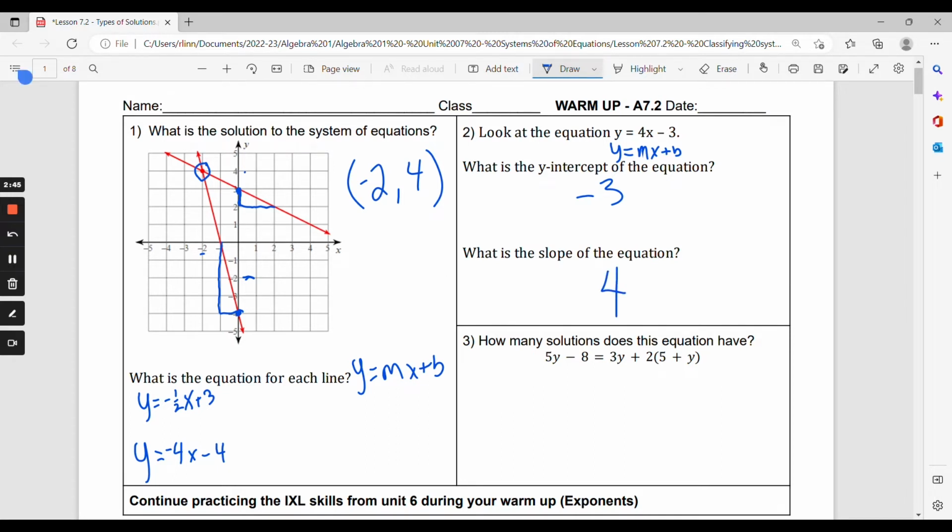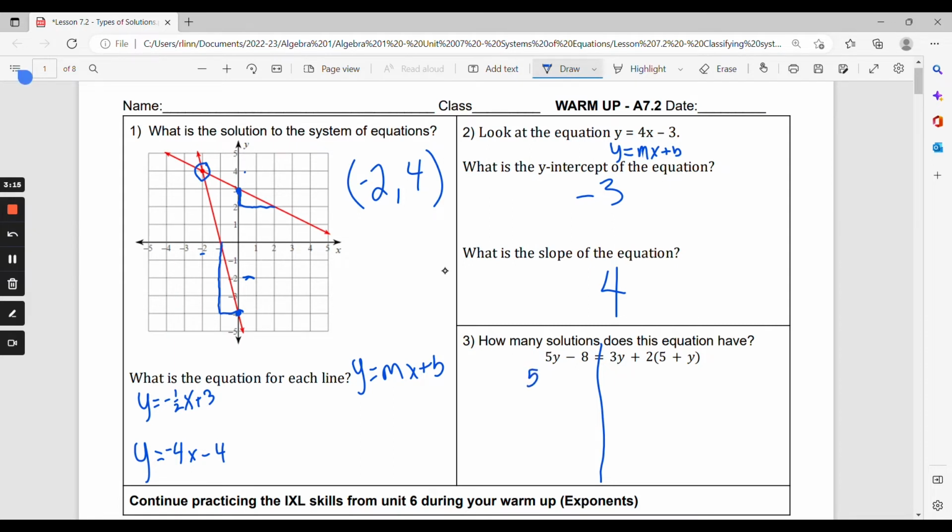And now moving on to number 3. On number 3, I need to find out how many solutions this equation has. Now, I remember when we were working with the number of solutions or types of solutions to equations that I needed to look at the coefficients on each side and the constants on each side. So let's go ahead and first simplify both sides of this equation. I'm going to start out by drawing a line down through that equal sign so I can make sure that I'm simplifying this without moving things across the equal sign.